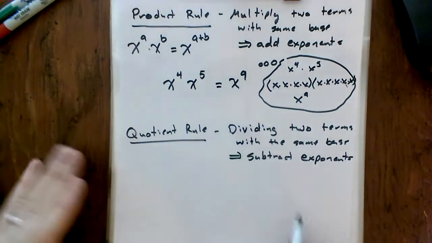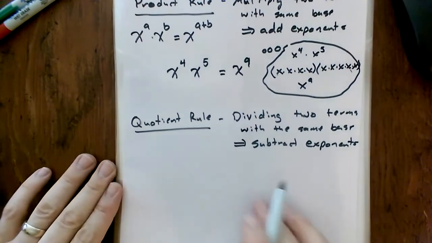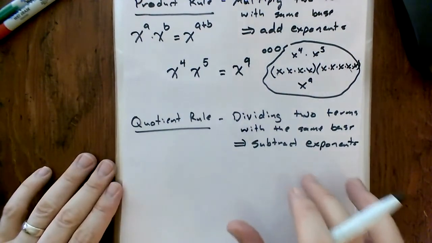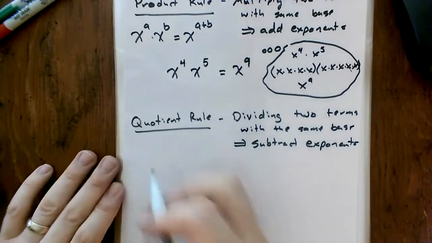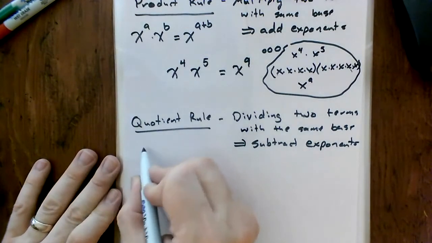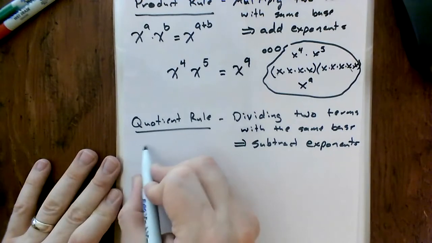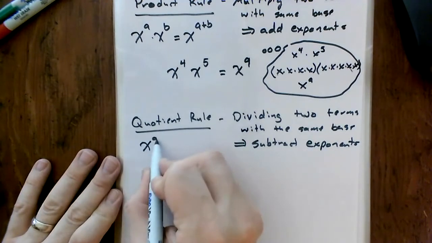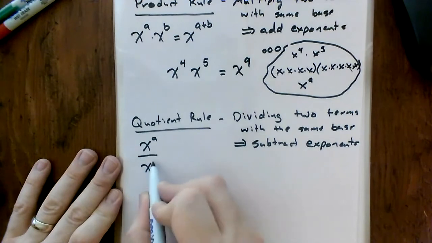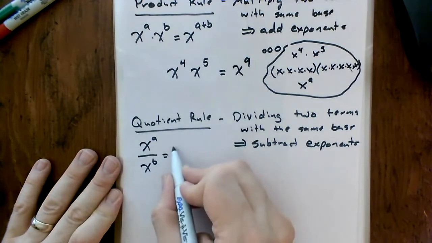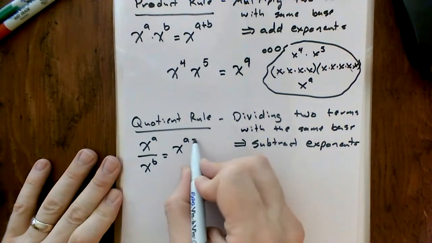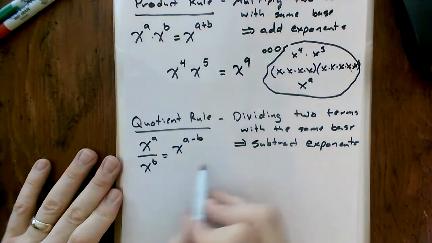Now, there's a couple things that are going to go with this. So I usually do at least 2 different versions of this rule. First of all, let's do the succinct version. So let's say I've got x to the a over x to the b. This is going to be x to the a minus b. Now this is true.